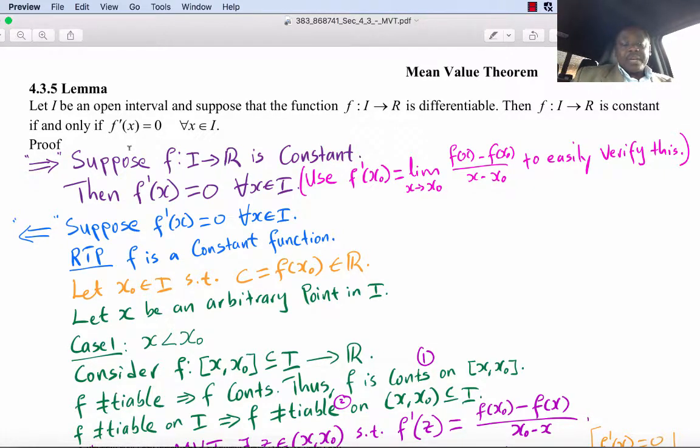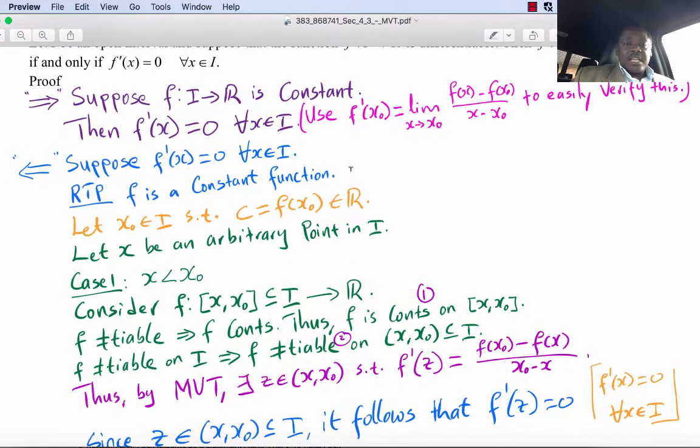So, forward direction, suppose f is a constant function, then it is easy to use the definition of the first derivative to prove that f prime of x equals 0 for every x in I, and I would leave that as a simple exercise for serious students. Now the reverse.